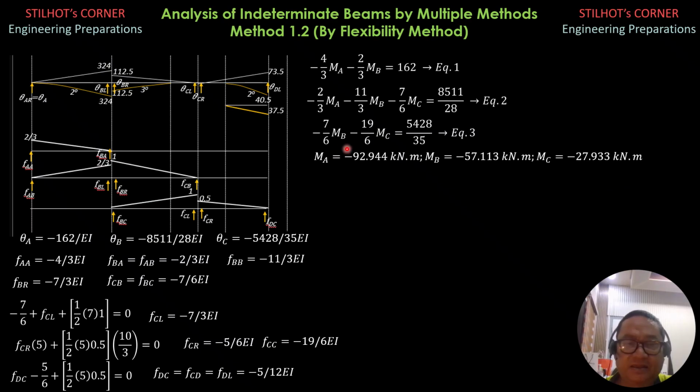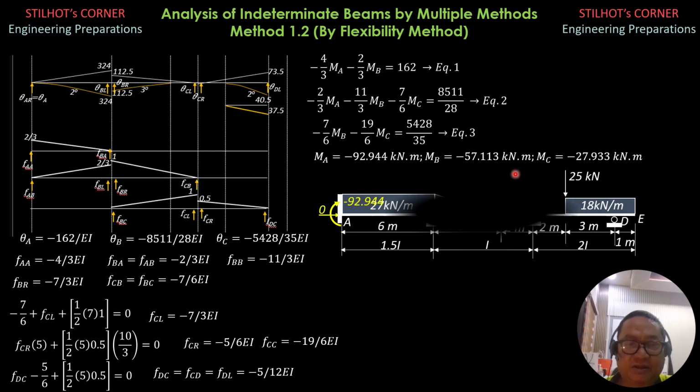We then apply these moment values with their corresponding directions in the original beam. So negative 92.944. Supposedly the positive moment at A is clockwise, but I consider the sign.